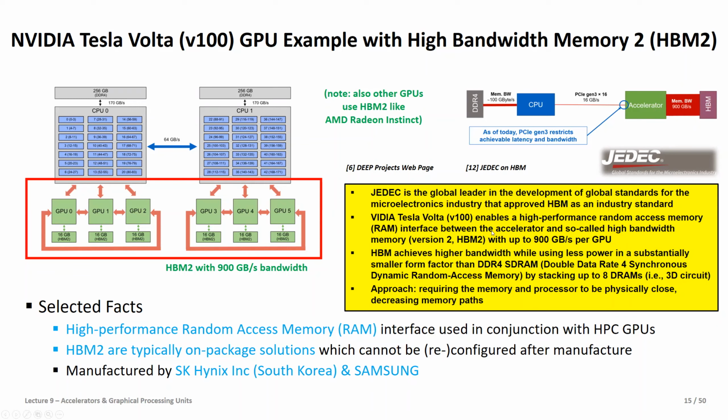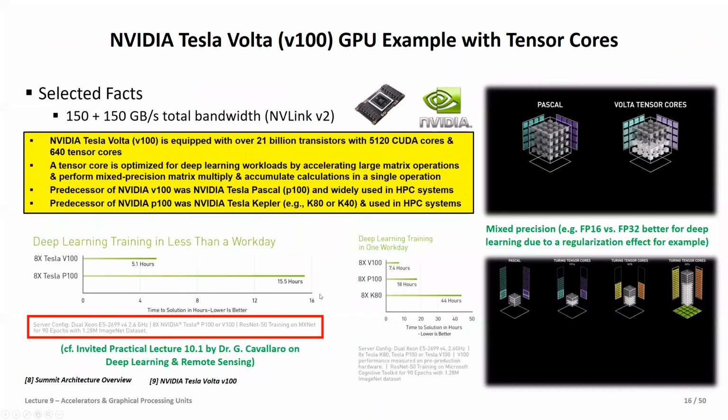And there's lots of work in this area driven by, for instance, JEDEC, which is a global leader for standards in this area. And HBM is also used in other areas, or by other vendors like AMD, which is also using HBM technology, which is quite interesting. And something to think about is that this is a very powerful part of the system.